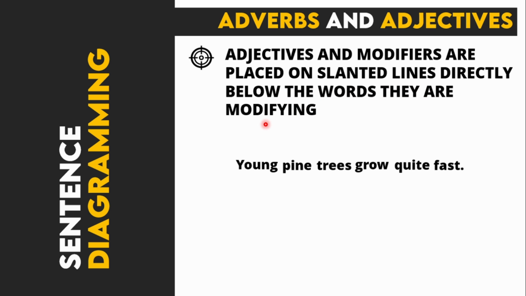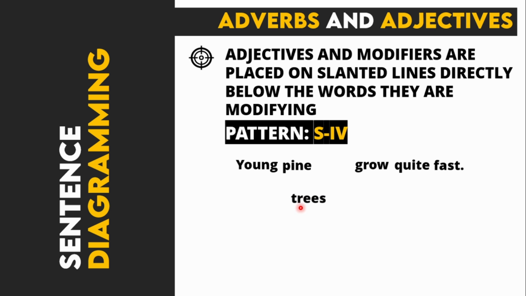So make sure that you know what the words below are modifying, because if you place them on another part of the sentence which they are not modifying, it makes your whole diagram wrong. One mistake in the whole diagram will make your diagram a complete mess, or it's not considered as correct as it would be. Okay, so we'll be focusing first with sentence plus intransitive verb.